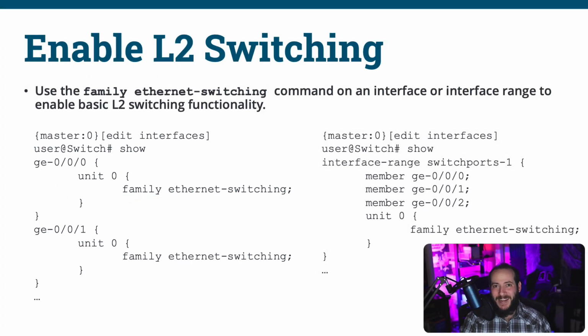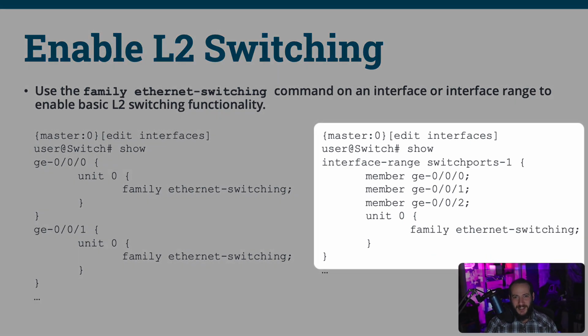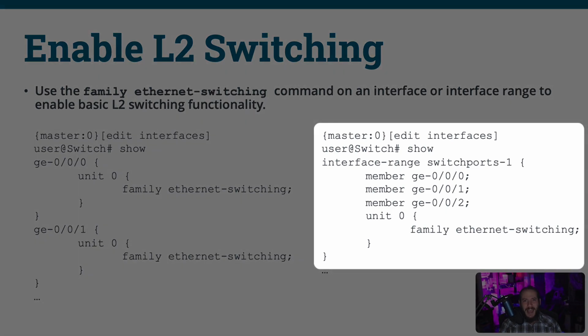If you have many interfaces that need identical configuration, as is common for switches, then an interface range may be used. This configuration example here shows how to configure an interface range. In the interfaces hierarchy, we specify the interface range configuration command and give the range a name.